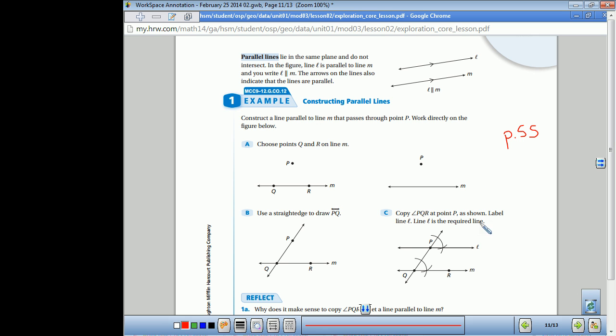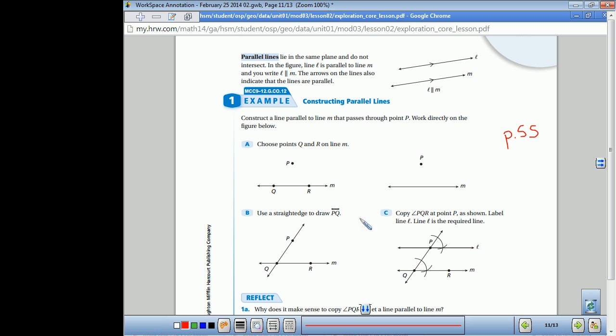Okay. Now, flip over to page 55. We've just talked about how the converse would be true. If corresponding angles are congruent, then the 2 lines are parallel, right?